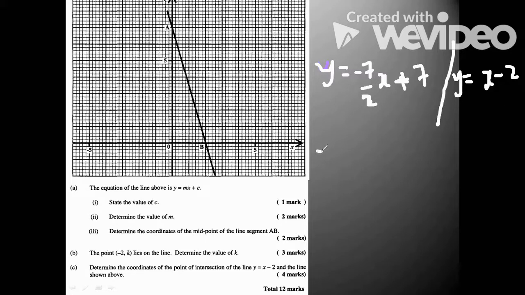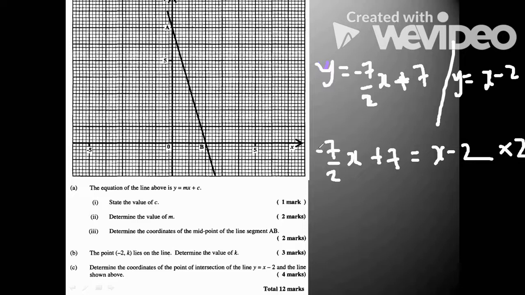So therefore, negative 7 over 2 x plus 7 is going to equal x subtract 2. Now, for me, this 2 down here is a distraction. So the best thing is I'm just going to multiply everything by 2.